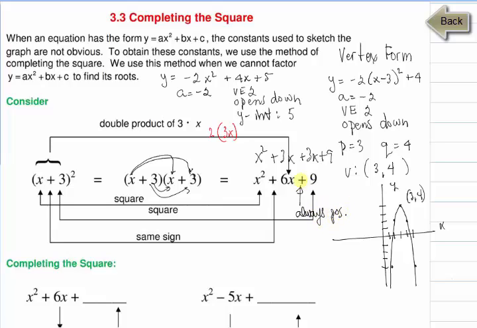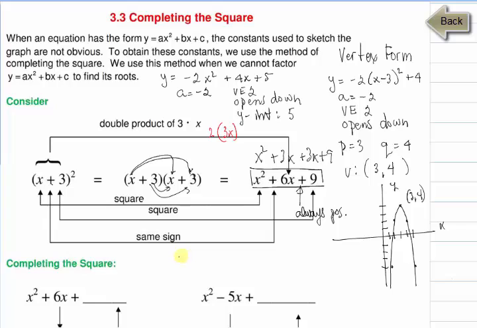And the reason for that is, regardless of whether this is a positive 3 or a negative 3, when you square that number, because that's your next step, it will always be positive. Squaring a positive number gives you a positive. Squaring a negative number gives you a positive. So positive 3 squared is 9, and you now have the product of x plus 3 squared.